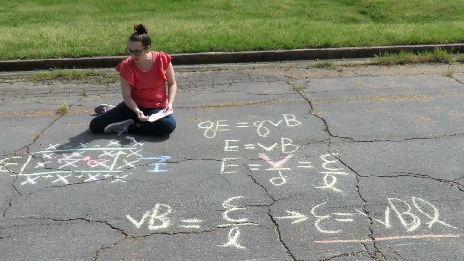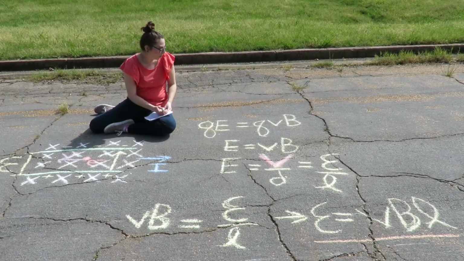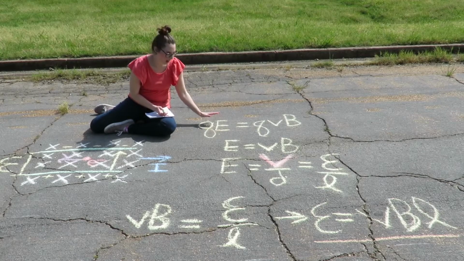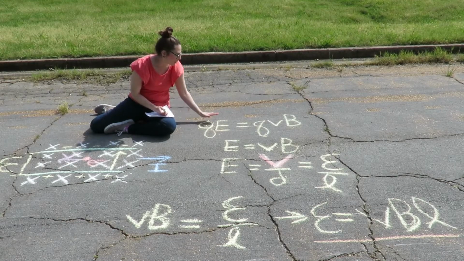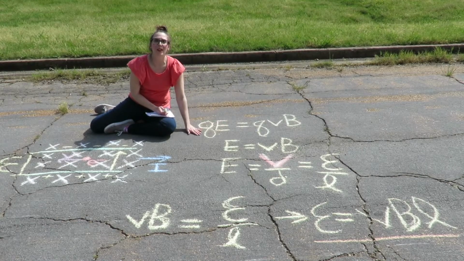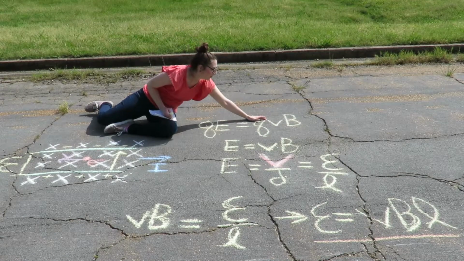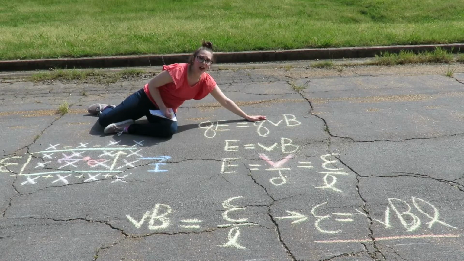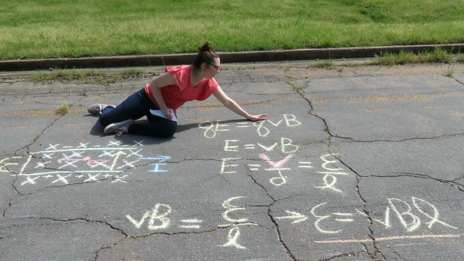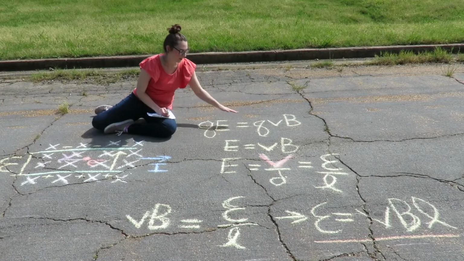So eventually we will reach a state where the electric force, which we can write as the charge times the electric field, equals the magnetic force acting on those particles, which is equal to the charge times the velocity of those particles, the electron, times its magnetic field, okay?